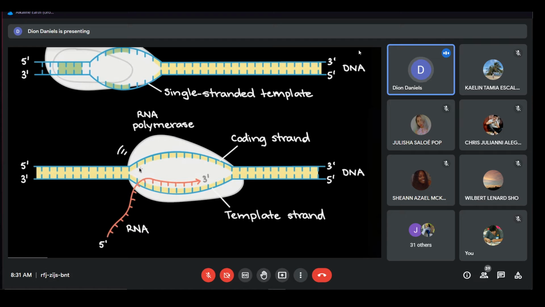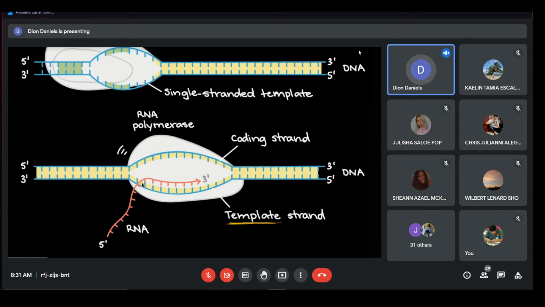And so as you can see here, when it does this, it's only interacting with, or coding complementary information to, one side. Let's think about this a little bit. The side that it is interacting with, you call that the template strand, because that side of the DNA is acting as the template for forming that RNA.